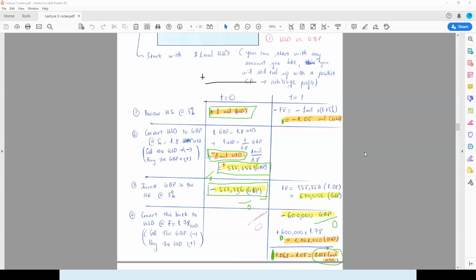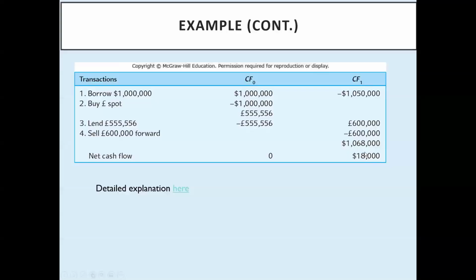All right, so we have walked through how to construct an arbitrage strategy for interest rate parity conditions. What we said was we wanted to borrow cheap and lend high, so we wanted to lend expensive. In this case, the US was the cheaper market, so we borrow here, and then we went to the UK to invest.